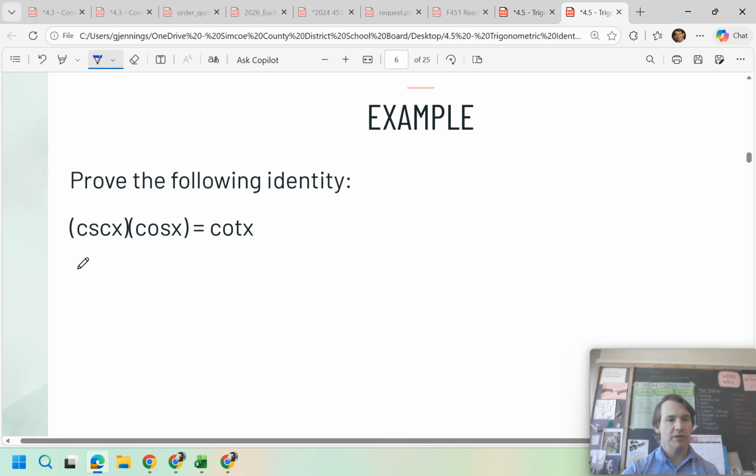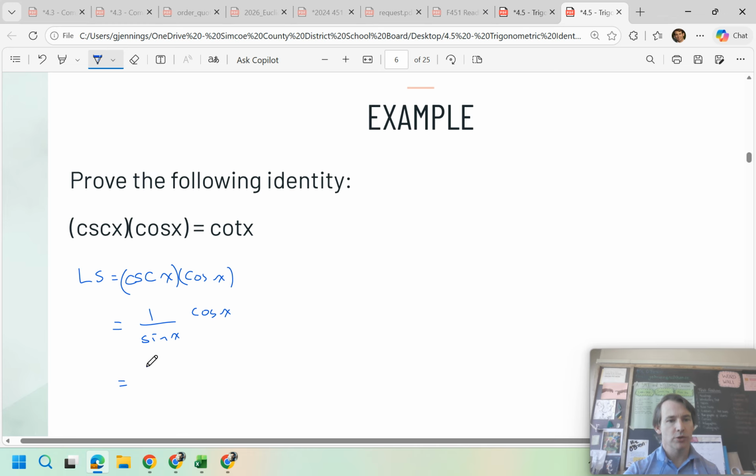Okay, so suppose we wanted to prove something like this. Well, I go left side is equal to cosecant x times cosine x. Can I just do theta instead of x so it doesn't confuse me? Sure. Yeah, that would be fine. And then I rewrite cosecant x as 1 over sine x. And then cosine x is just still out there.